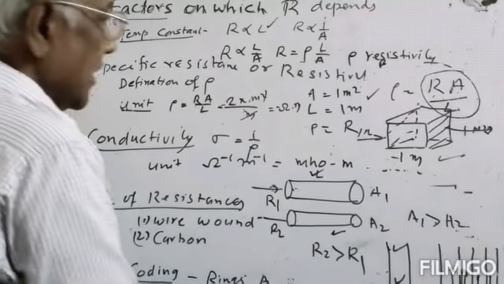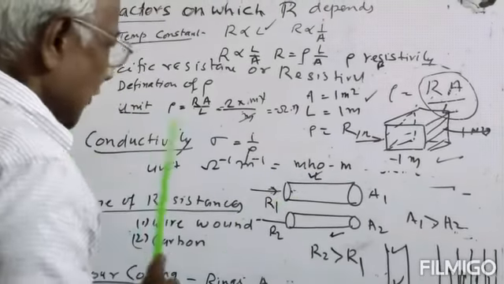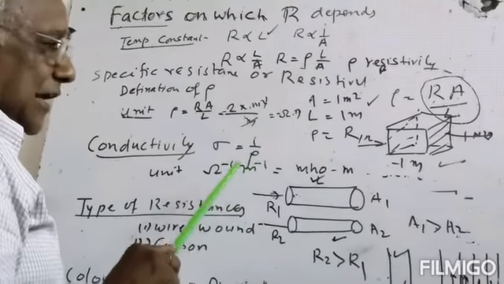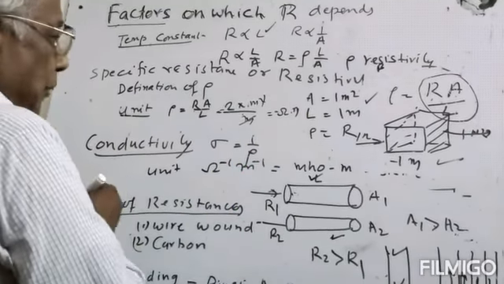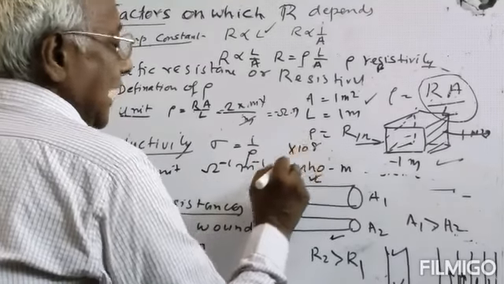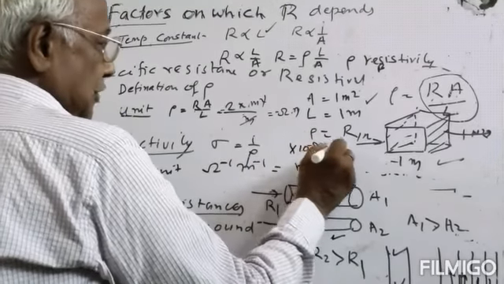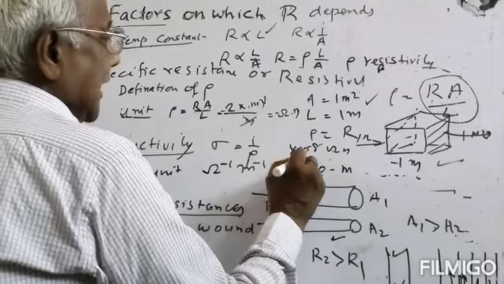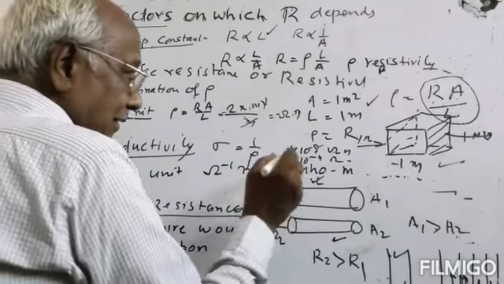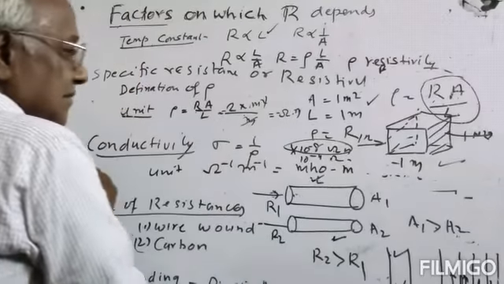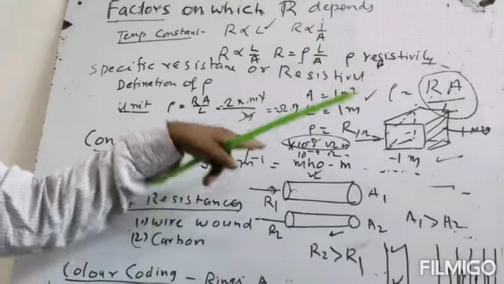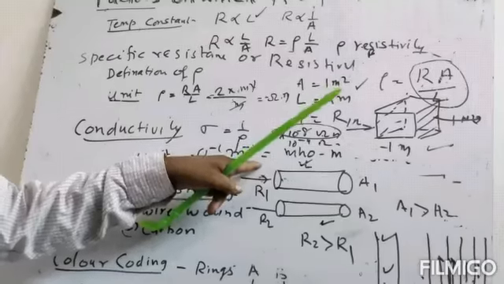Now, if we take an example for copper and nichrome, then for copper, rho is of the order of 10 raised to minus 8 ohm into meter, and for nichrome it is 10 raised to minus 4 ohm meter. So the conductivity of copper will be more, because 1 by 10 raised to minus 8 will become 10 raised to plus 8, and here 10 raised to plus 4.